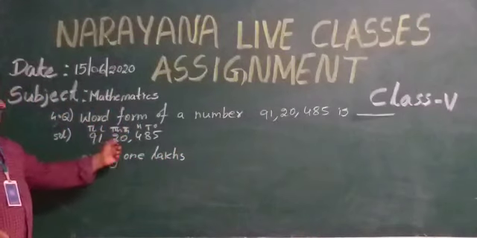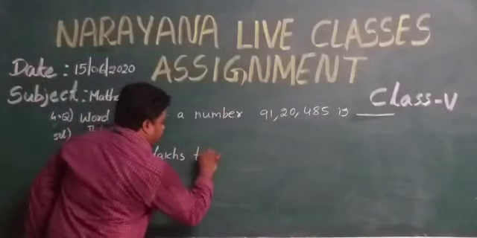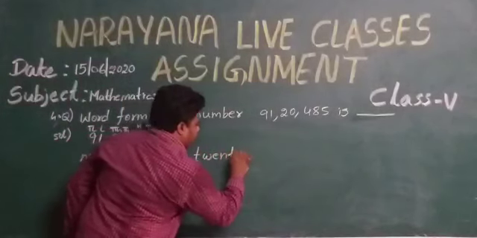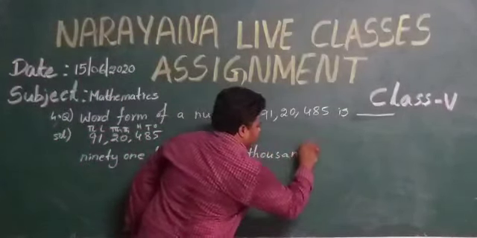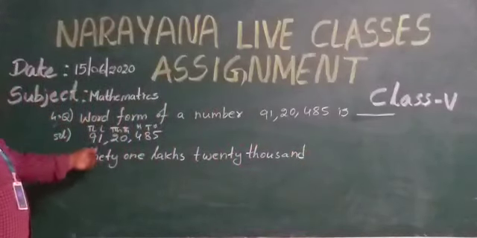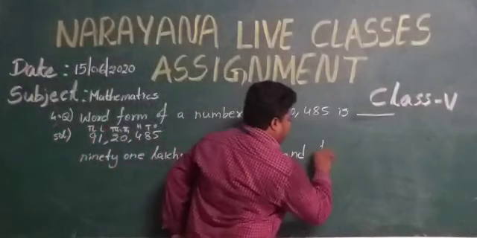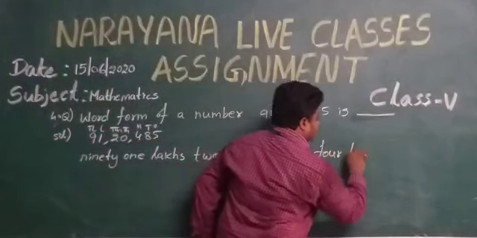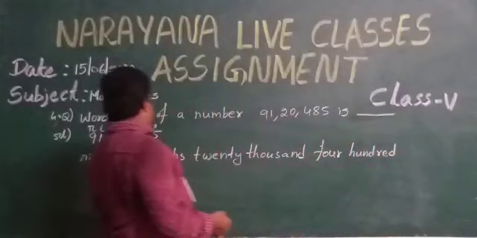91 lakhs. Next, 20 belongs to thousands: 20 thousand. Then 400.